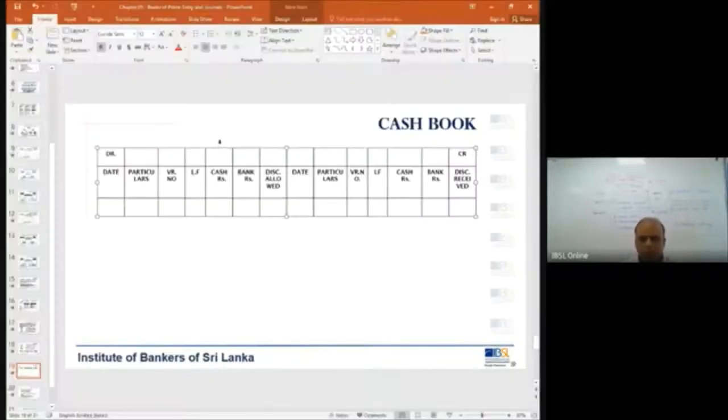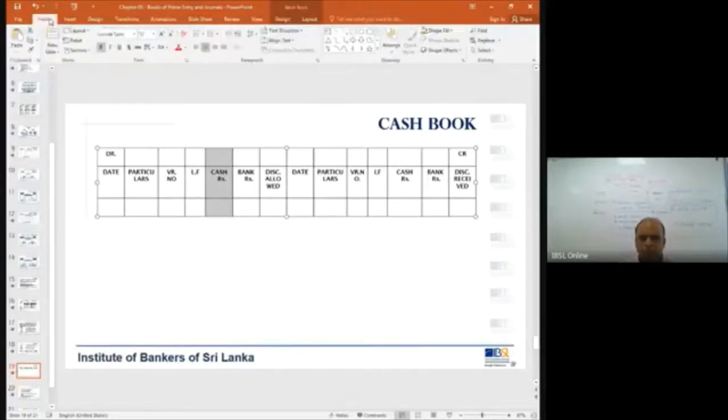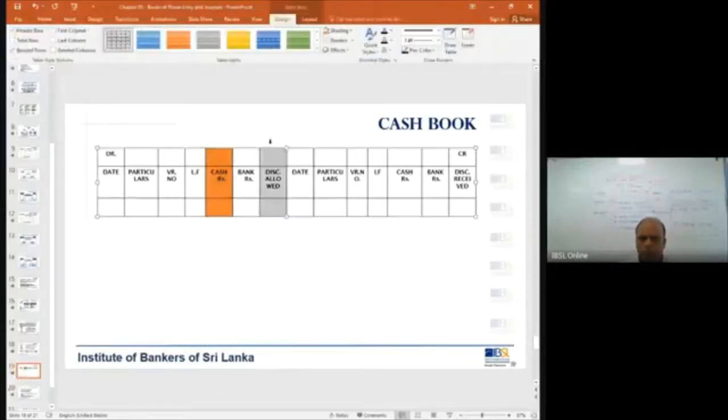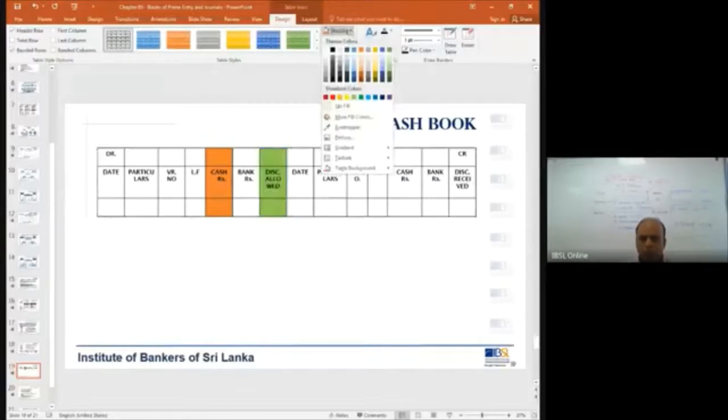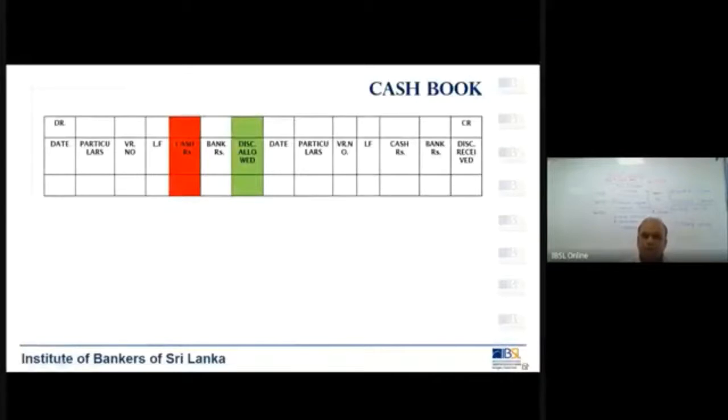Now, here what has happened, when you receive cash, say if they have paid it in cash, you would have debited the cash column, this particular column that I am showing. Let me show it in a color. So what is shown in red, this particular column, you will record the 2612,500, which is your cash amount that you have received.